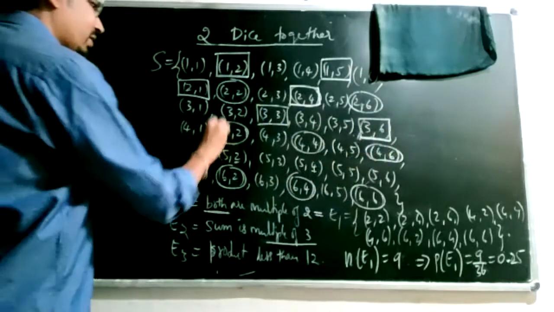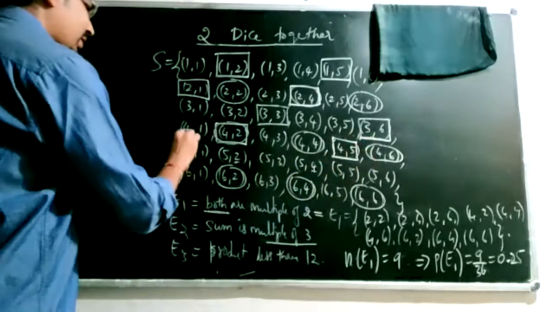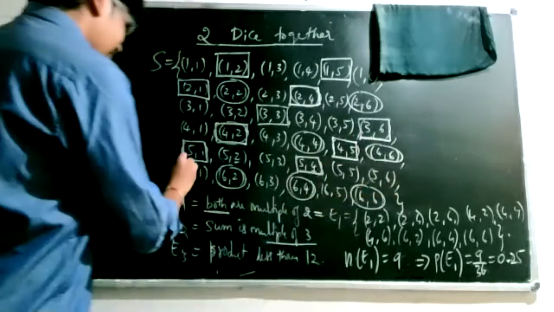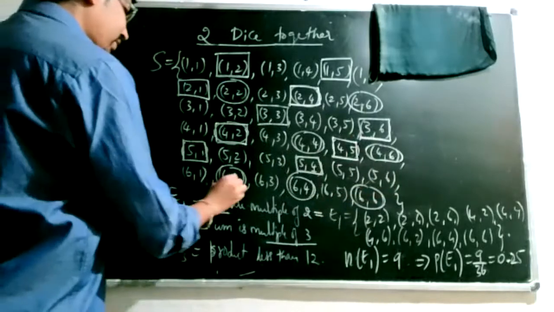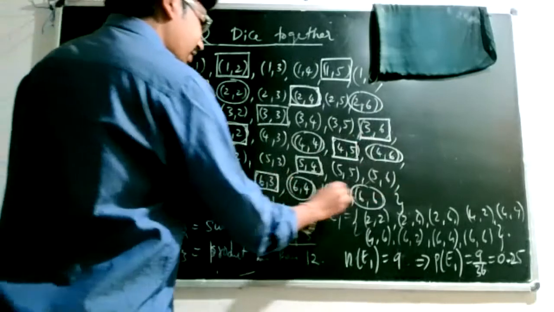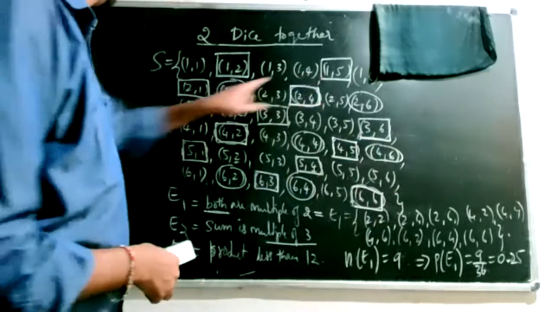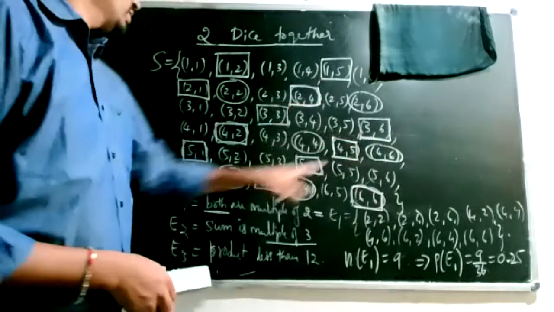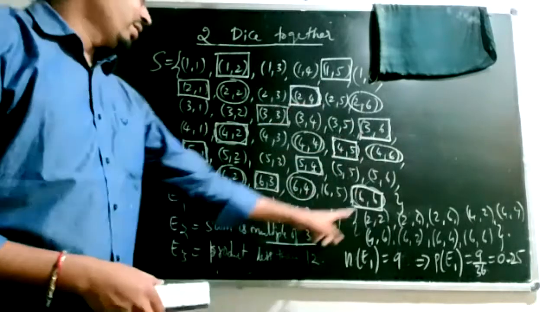Then 5, 6, 7, 8, 9. 6, 7, 8, 9, 10, 11. Then I'll have 7, 8, 9, 10, 11, 12. So we have 1, 2, 3, 4, 5, 6, 7, 8, 9, 10, 11, 12.